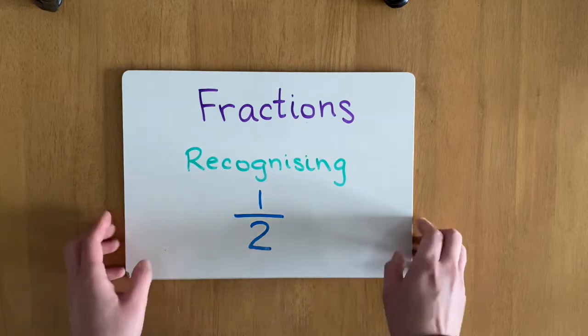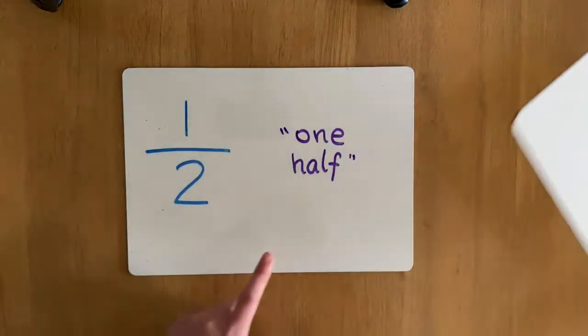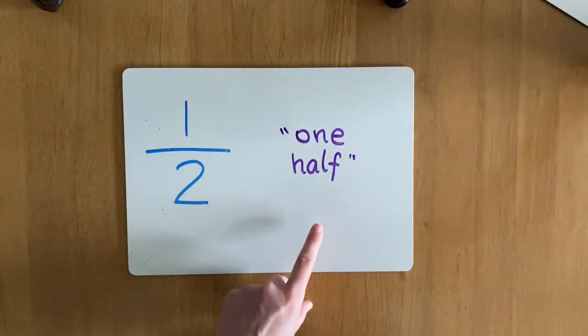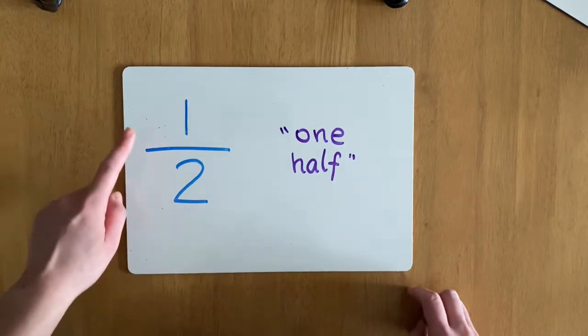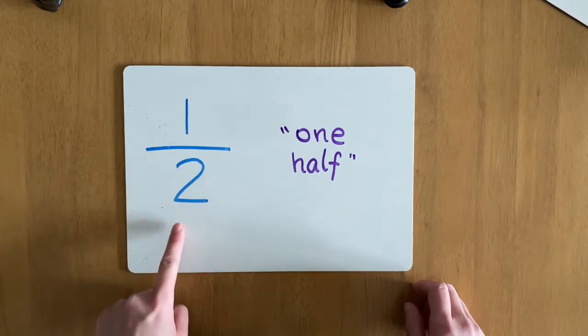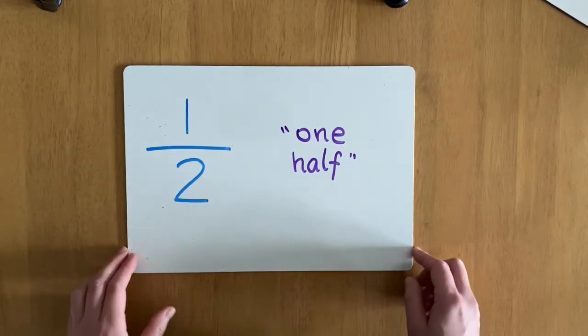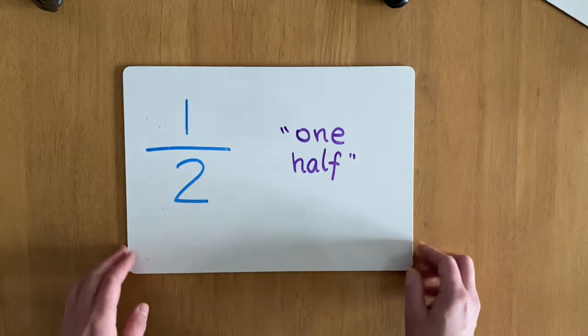This symbol is 1/2. So when you see this, you have to say 1/2. There's an action that you are going to be doing when we do fractions for the next week.